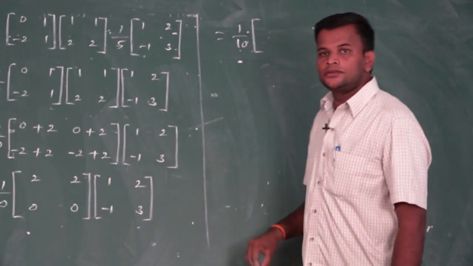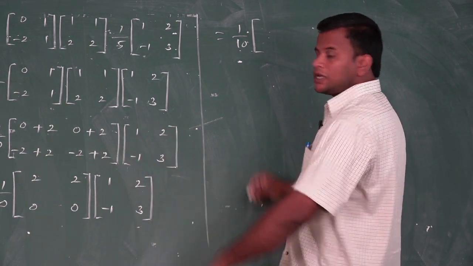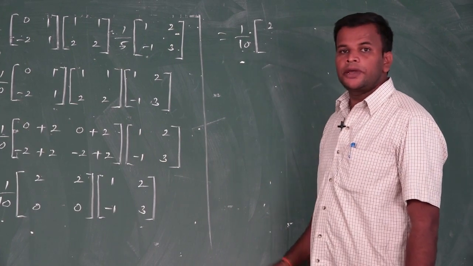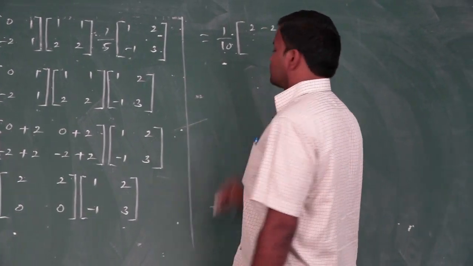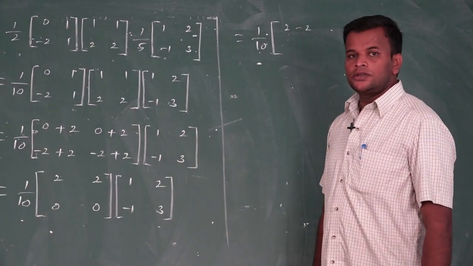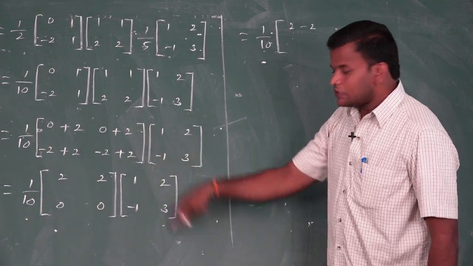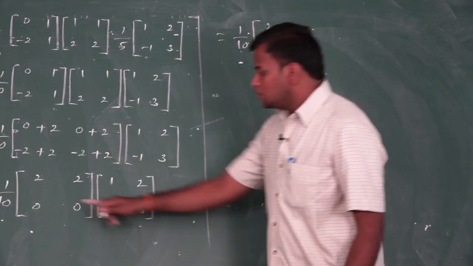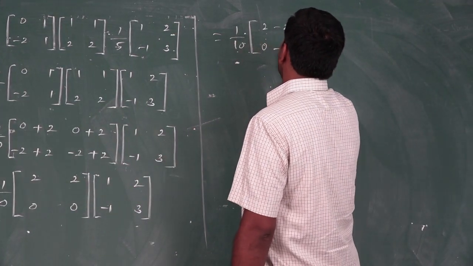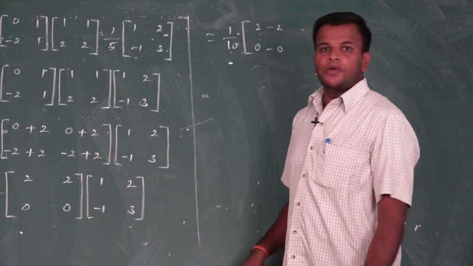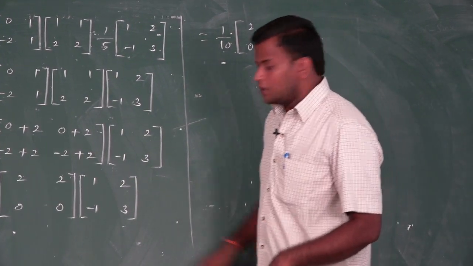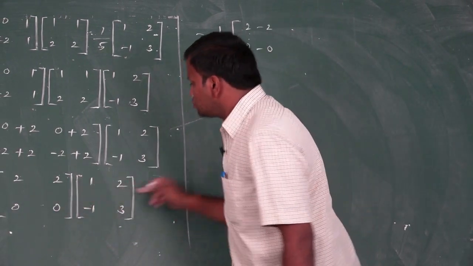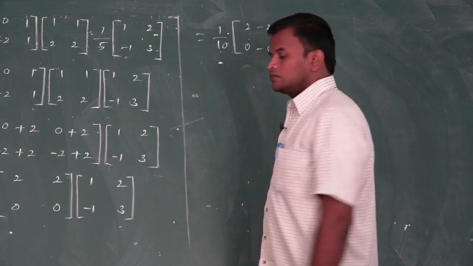We multiply these two matrices. 2 ones are 2. Next, 2 into minus 1 is minus 2. First row, first column is over. Next, second row, first column. You see all the elements are 0, so all the values are also 0. 0 into 1 is 0. 0 into minus 1 is minus 0. Now we take the first row and the second column. 2 twos are 4.